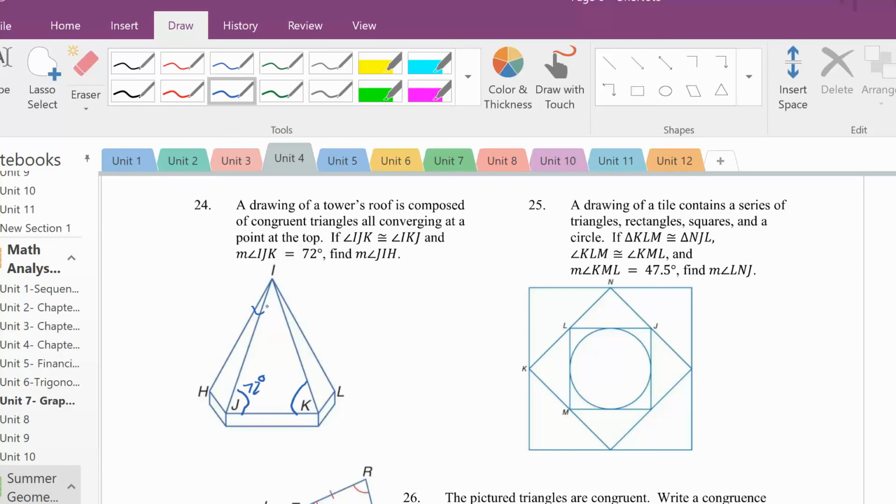Well, if we know that they're congruent triangles, then we know that this angle I here would have to be the same as this angle right here.